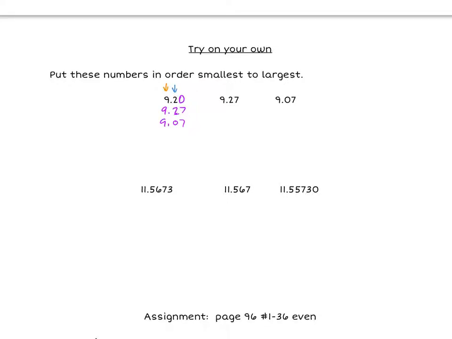So my smallest number is my 9.07. Then I look at my hundredths place, and I notice I have a 0 and a 7. So my next smallest number would be my 9.20, and my biggest number of these three, 9.27.